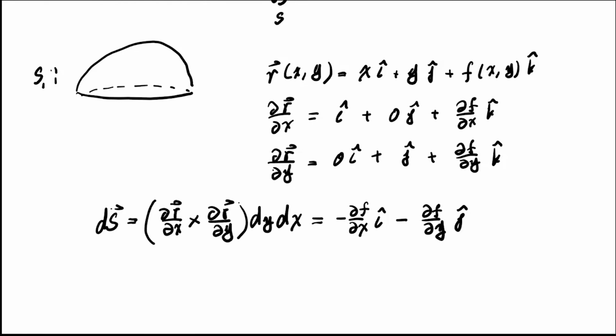And plus k: cross this out, so it's this minus this, so we just have 1 k. And then, not to forget, dy dx. That's our dS. So far so good?